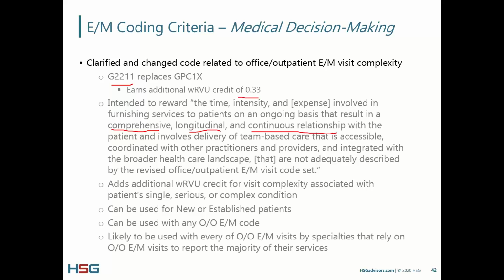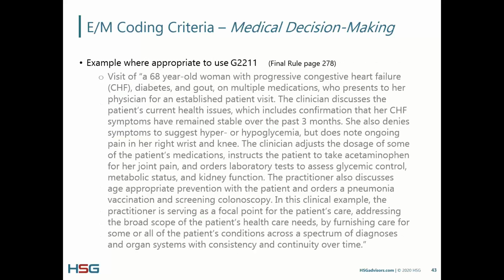But I was wondering, well, if that's the case, why didn't you just put it in there, right? And it's used for new and established patients. It can be used with any E&M code, and it can be used by any specialist that does this. Well, if that's the case, what differentiates it? And thankfully, others had the same issue, and thankfully CMS came up with, here's how you should use it, and here's how you shouldn't. And I think they made it pretty clear.